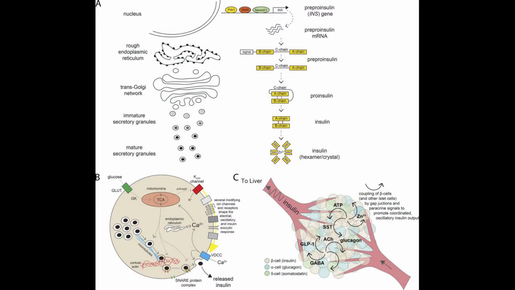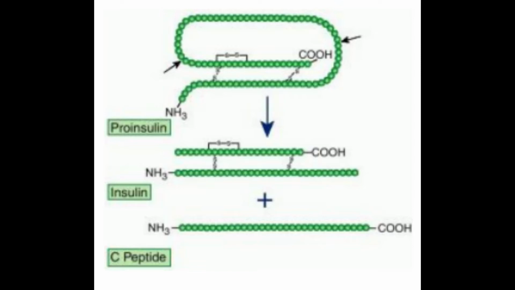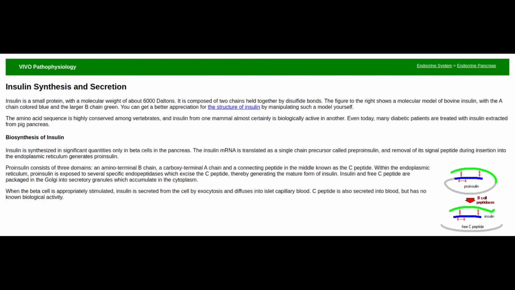As it is passed out of the pancreas cells responsible for production, the pre-proinsulin signal is clipped off, which just leaves the proinsulin molecule. The proinsulin molecule has three core parts, which are called domains: an amino terminal B chain, a carboxyl terminal A chain, and an interconnecting C peptide.